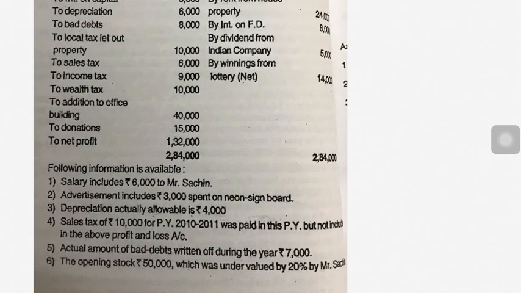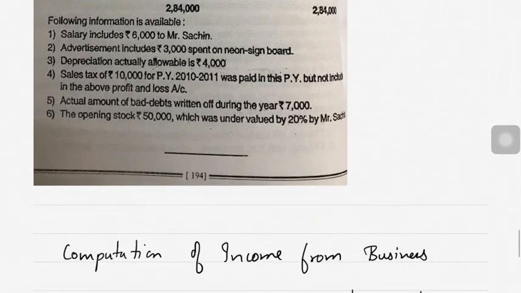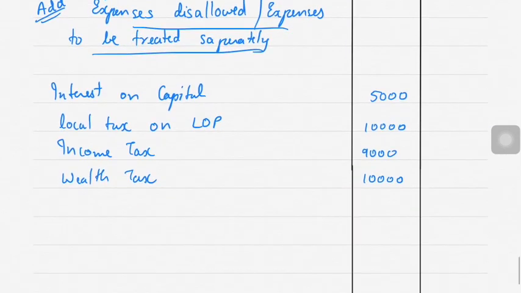Next, to addition to office building, it is capital expenditure. To donation, that is personal.